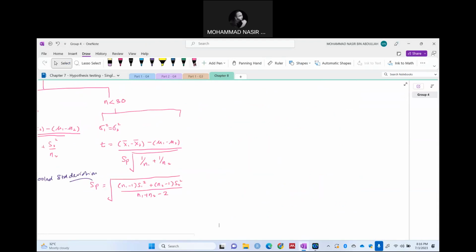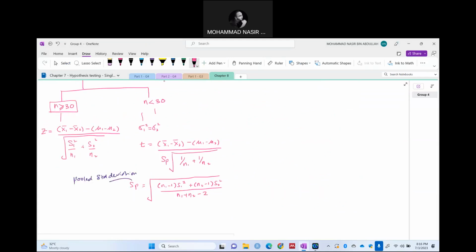So another condition we have is when we assume population variance not equal. You should remember in this case the population variance is unknown, but we just assume population variance equal and population variance not equal. Of course, there will be a test to test whether the population variance is equal or not.